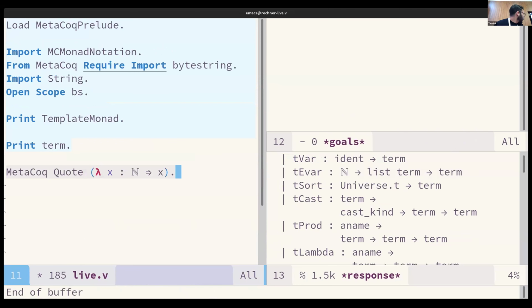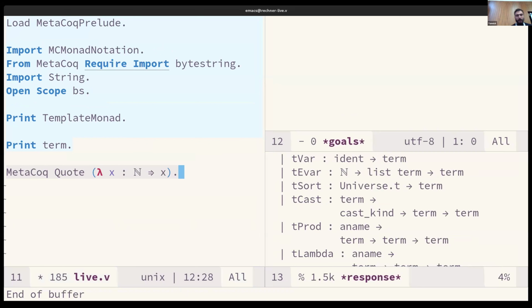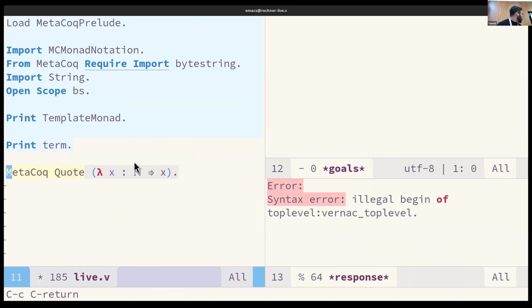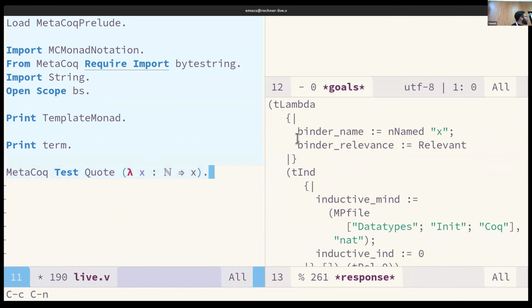Good. So you can either run the command MetaCoq quote and then put the Coq term there to let MetaCoq test quote to let Coq output exactly the representation in this inductive type for you. So this says that the function that takes an x as an argument of type natural numbers and then x is going to be a lambda, which has a relevant binder with name x.